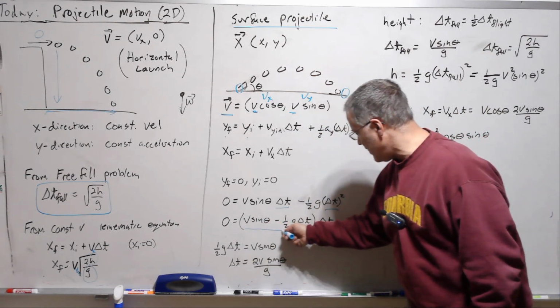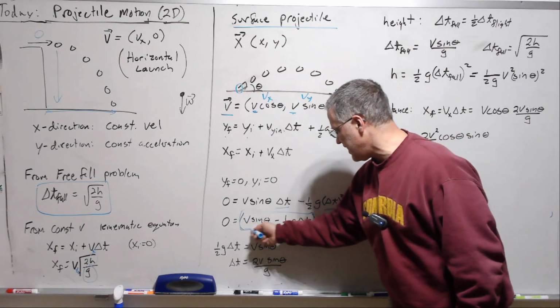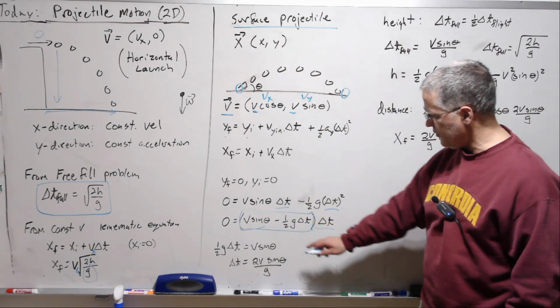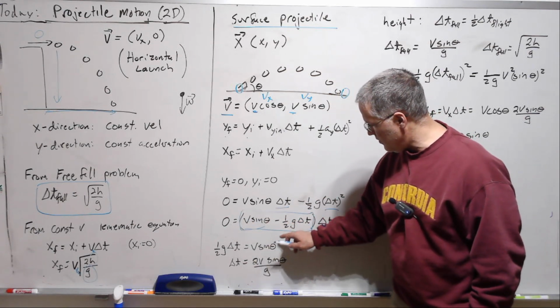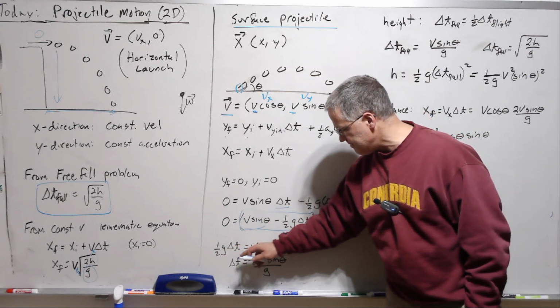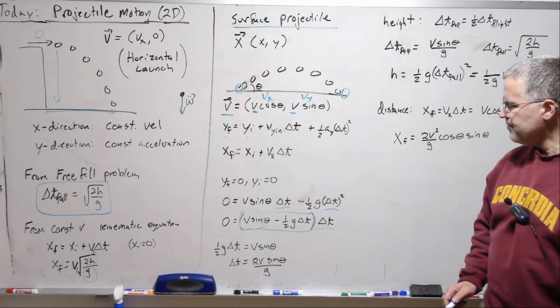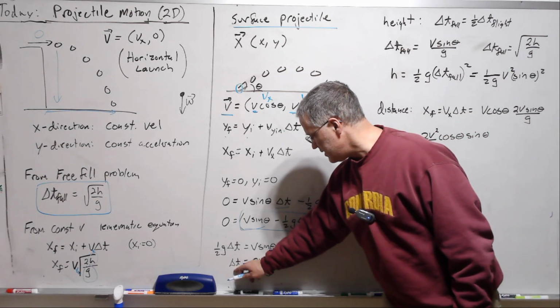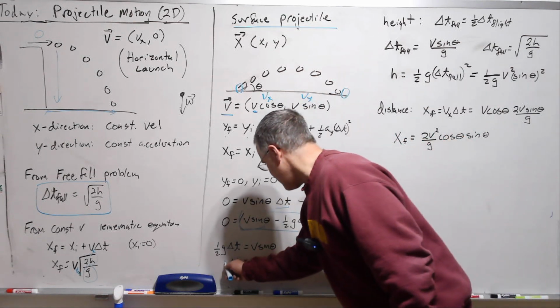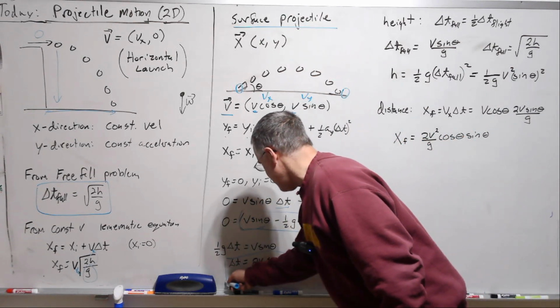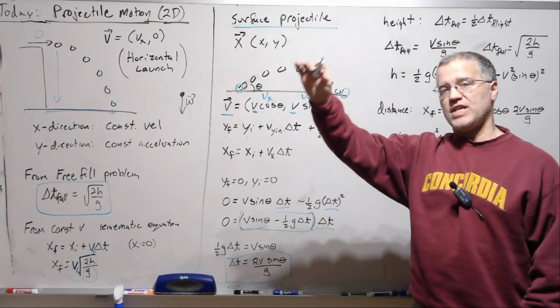So the key to this equation is just this. We set this equal to 0, which we do down here, and then bring this term to the other side, and now we can solve for delta t. So it really is just a linear equation. And this is our formula for the time at which the projectile would be in the air.